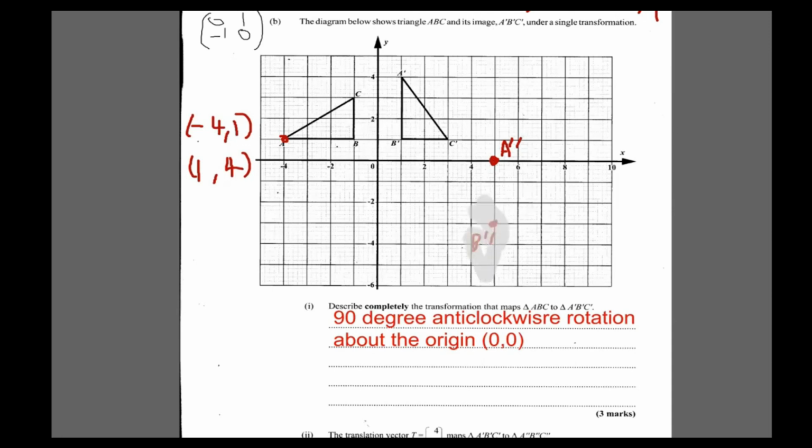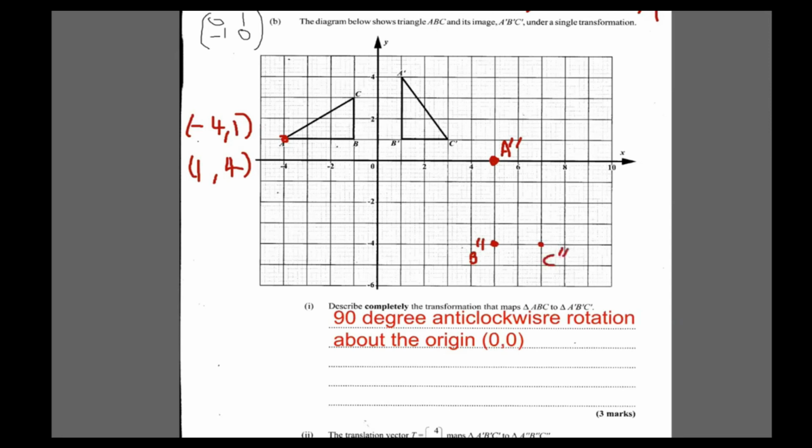That's crazy. So again, 4 units across, 1, 2, 3, 4. Then 5 units down, 1, 2, 3, 4, 5. This is B double prime, and C double prime.